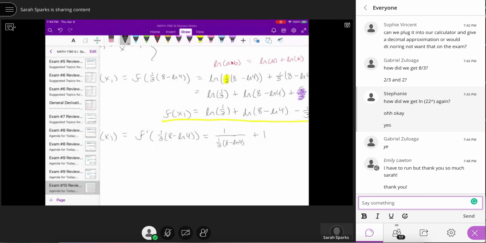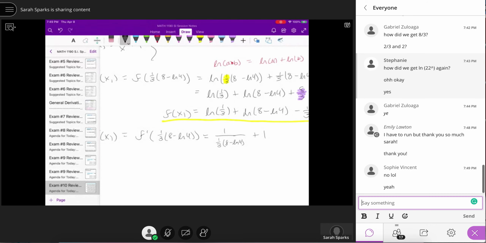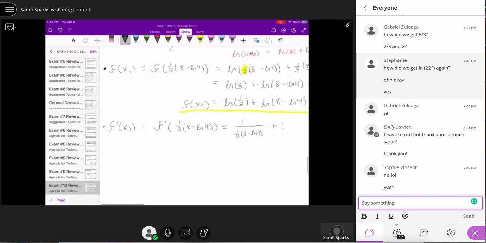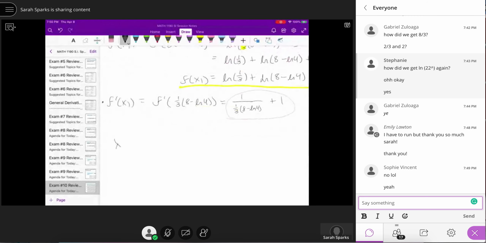If we added those together, it would still look terrible. So I really didn't bother to simplify it. And I think with Newton's method, as long as you have the right thing written and then you do your approximation, you're fine. Because after this iteration, can you imagine doing x3? That would be terrible.